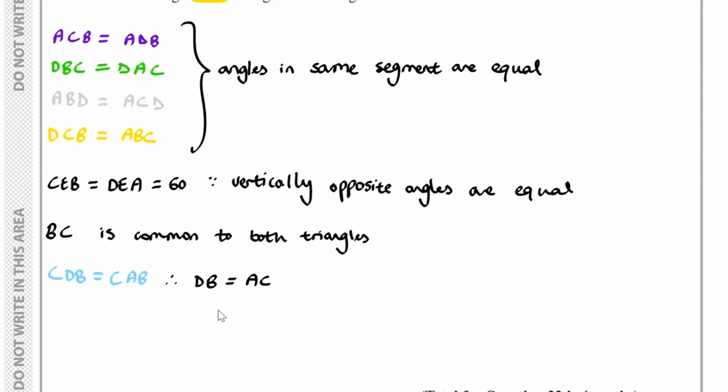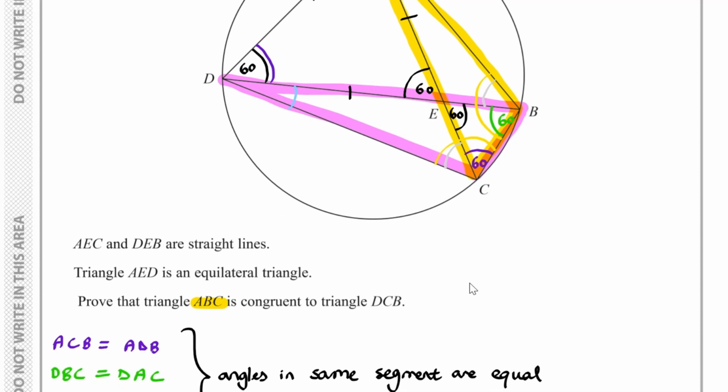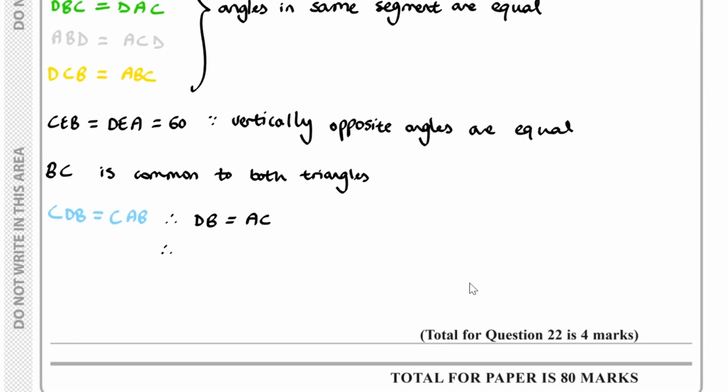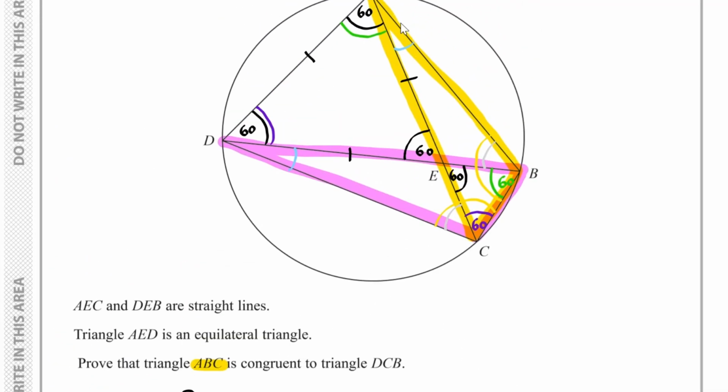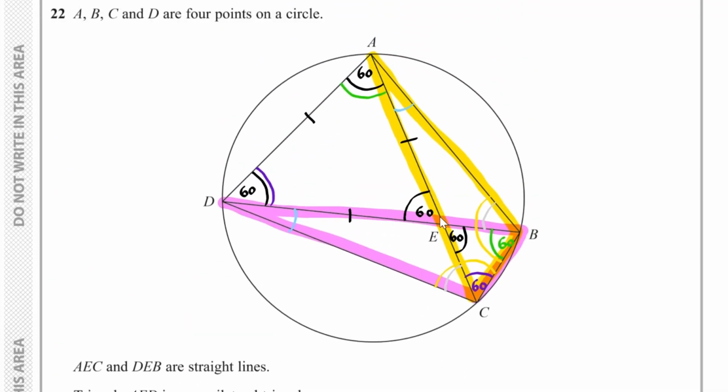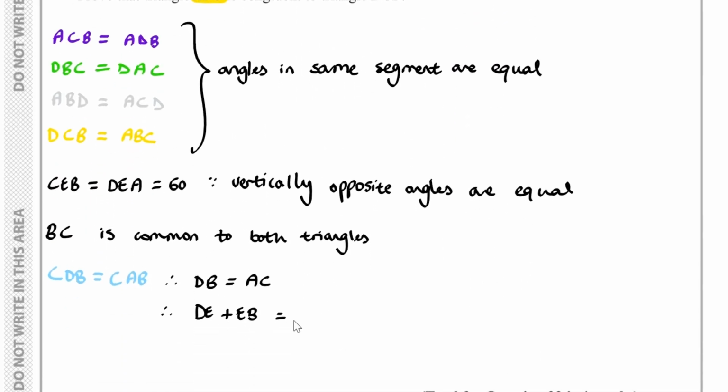Okay, and what we can therefore say from here, DB we can split up as DE plus EB. So here we have DE plus EB is going to equal, well, AC we can split up as AE plus EC, so AE plus EC.